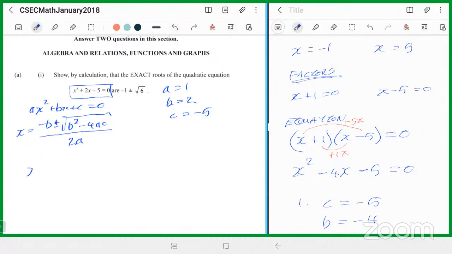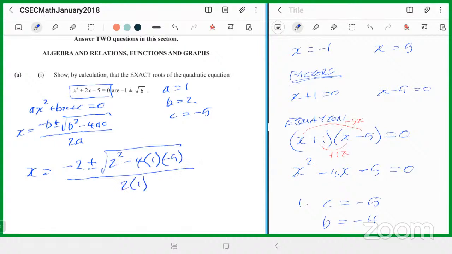All right, so it's a matter of plugging these values into the formula to get the roots. So x is going to be minus b, but the b this time is just 2, so I'm going to write -2 plus or minus the square root of b squared, which is 2 squared, minus 4 times a, which is 1, times c, which is -5, all over 2a, which is 2 times 1.